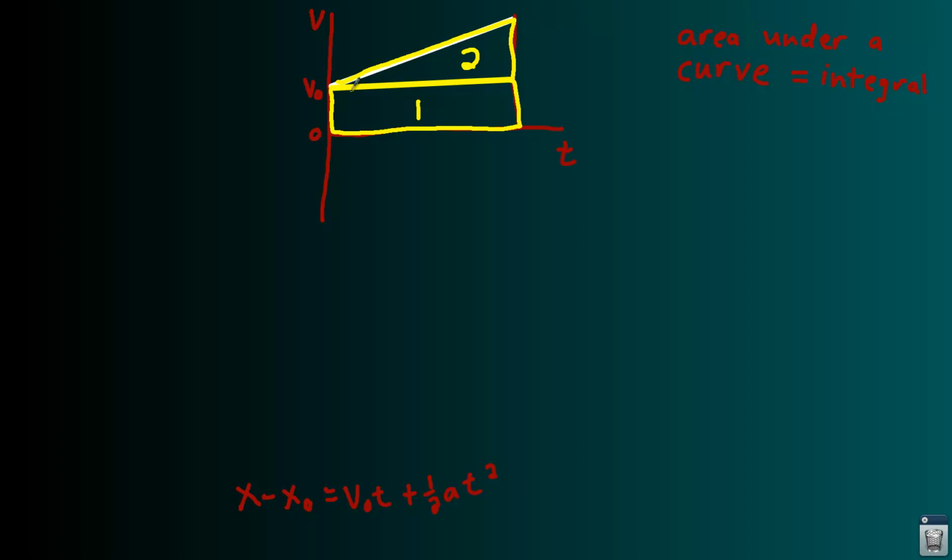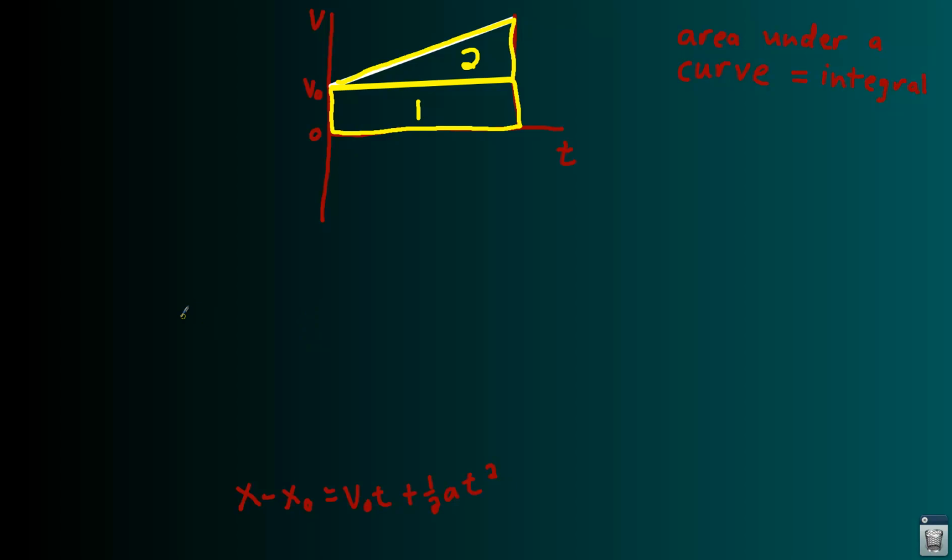All right, so I said the area under this graph tells us what we need to know. What's the area of this rectangle? Area of a rectangle is length times width, basically you multiply these two dimensions. How long is this? It is the distance from here to here, which happens to be a length of v naught.